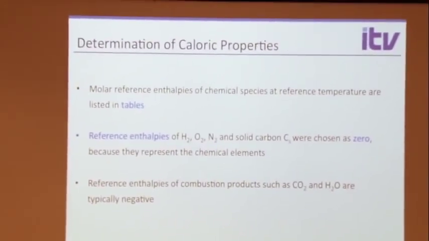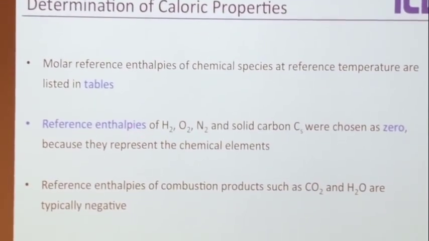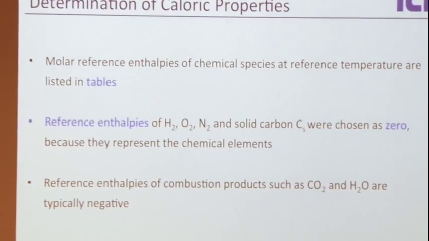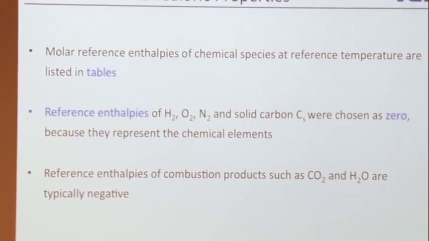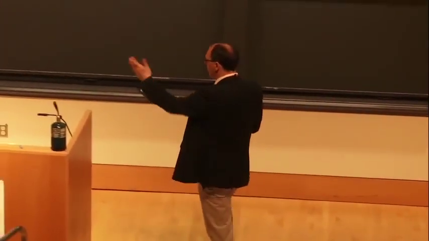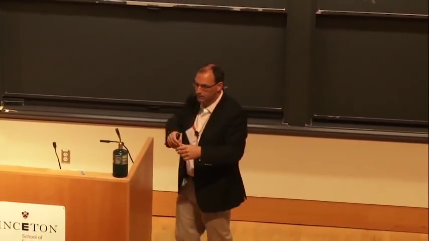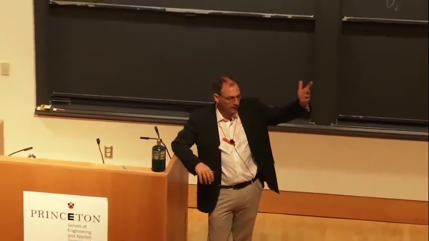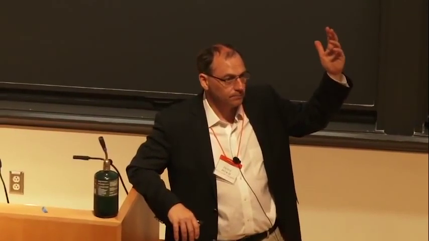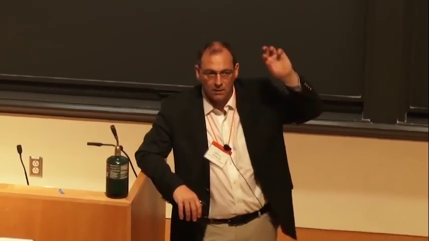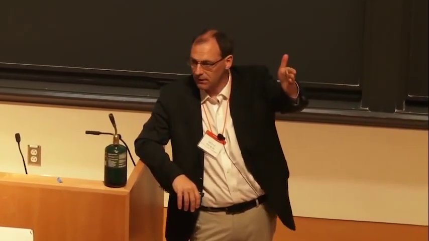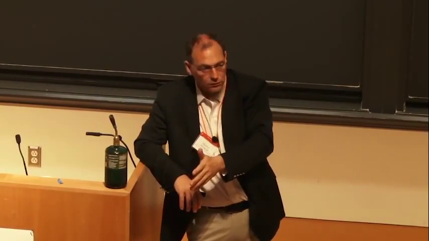Okay, so I said earlier the reference enthalpy, or the enthalpy of formation, is listed in tables also. But that again has to be defined in some way. You have to make sure that the enthalpy of formation for CO2 is in a table, and for methane it's in a table, and for, let's say, pure carbon and pure O2 you have the reference enthalpies, and then you have the reference enthalpy of CO2.